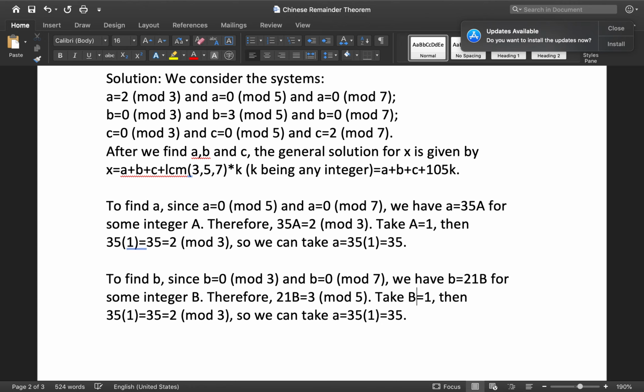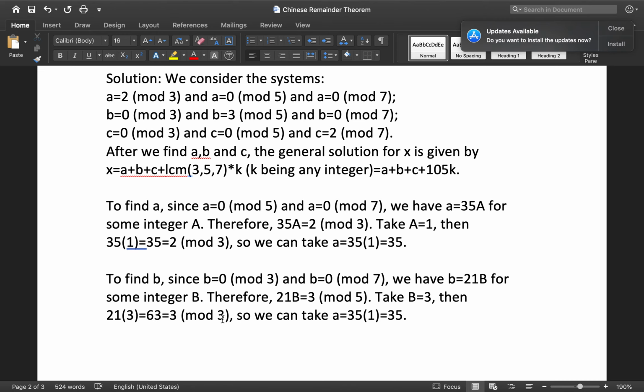Then you get 21 times 3, that gives you 63. And 63, if you subtract 3 from 63, that gives you 60. And 60 is congruent to 0 modulo 5. So that's why 63 is congruent to 3 modulo 5.